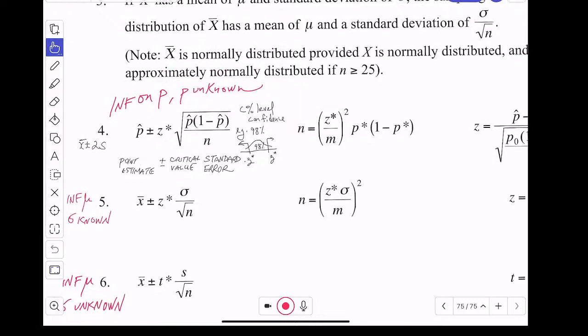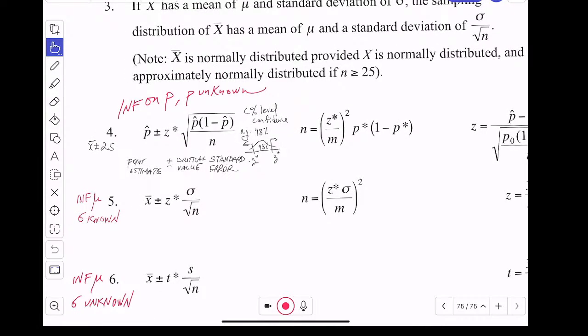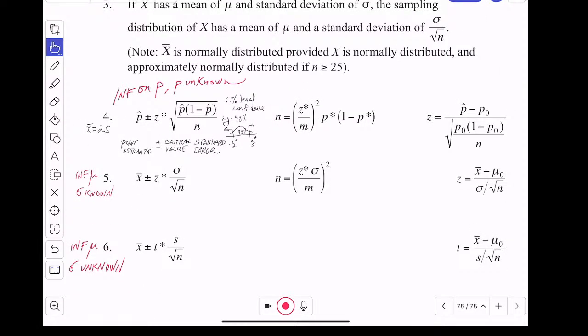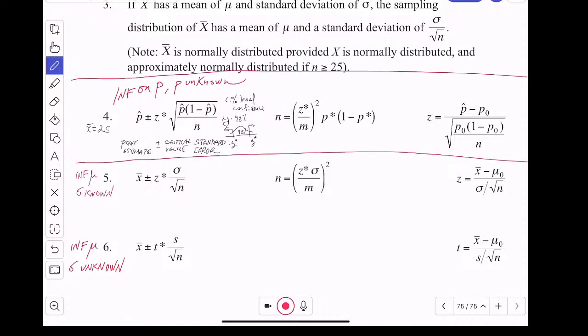And that brings us to the third row, third column, right here. Notice, for inference on P unknown, there is no P in any of these types of problems.